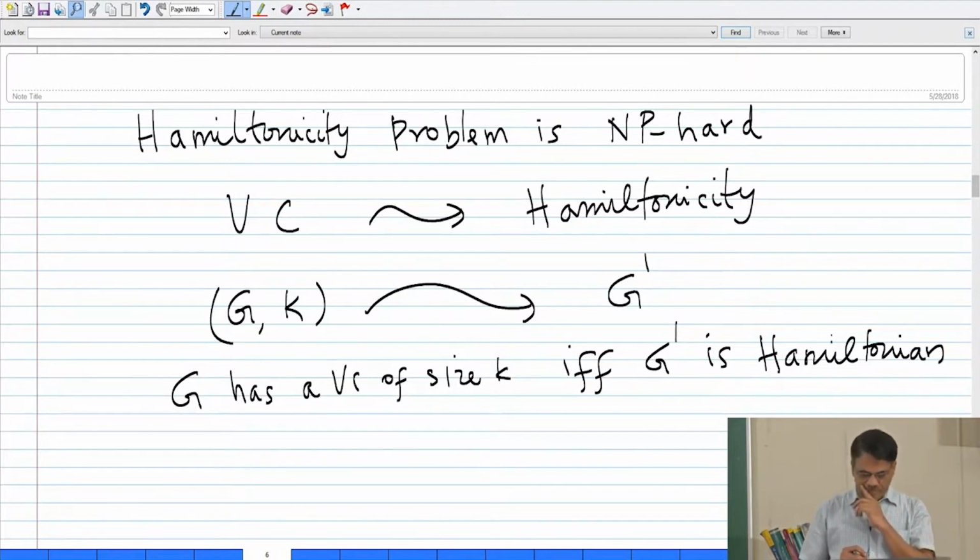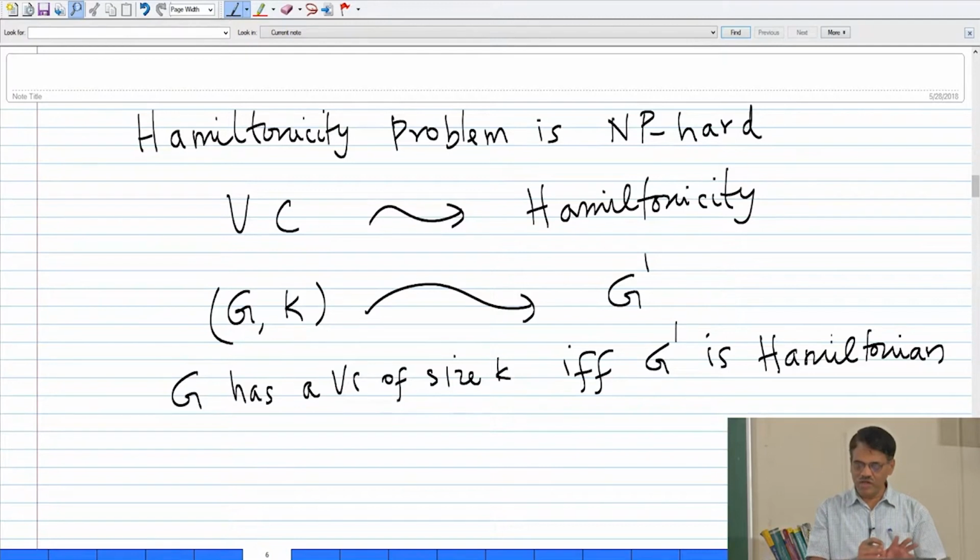Okay. So somehow, if you give me K vertices to cover all edges, I'm going to use these K vertices, run through all the edges incident on each of the K vertices and argue that all edges are covered here, right? We know that.